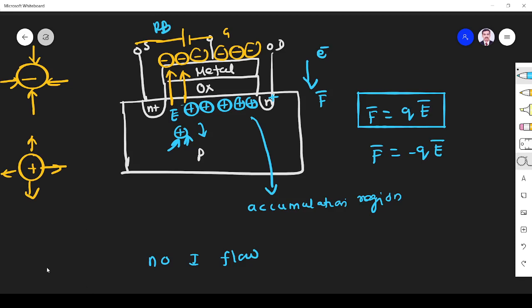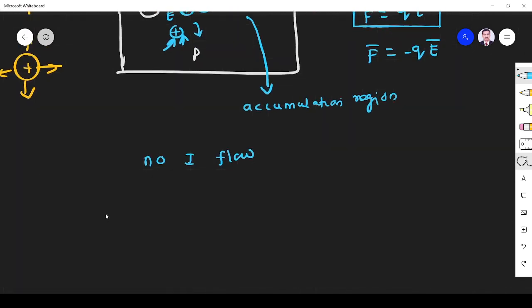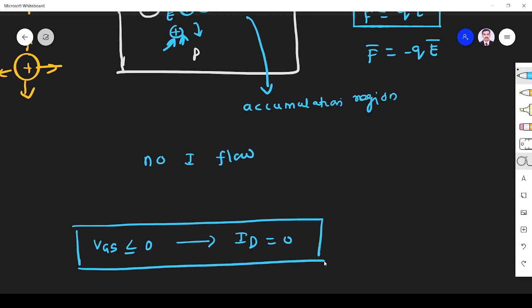So from this we understand that when VGS is less than or equal to 0, ID is equal to 0 in an enhancement MOS. Still there is no current flow.